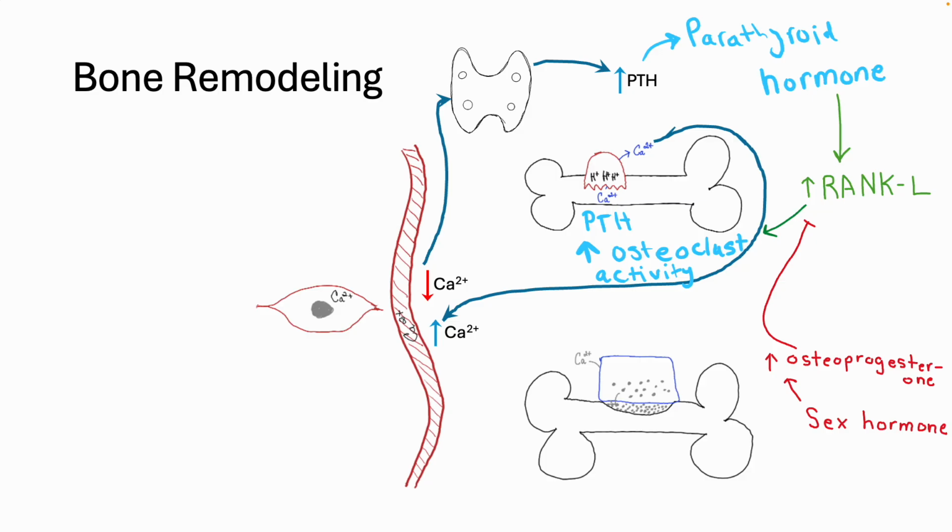So sex hormones increase the synthesis of RANKL's antagonists, and that's how it inhibits the osteoclast activity. Vitamin D and glucocorticoids, on the other hand, are going to indirectly stimulate osteoclast activity by increasing the activity of RANKL.